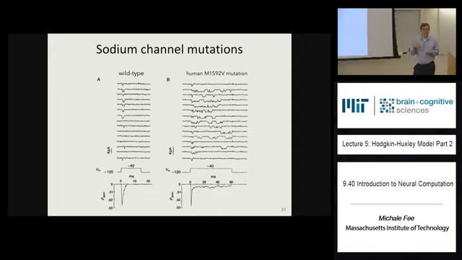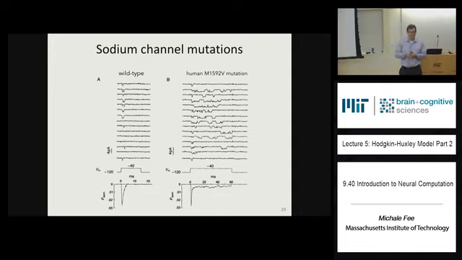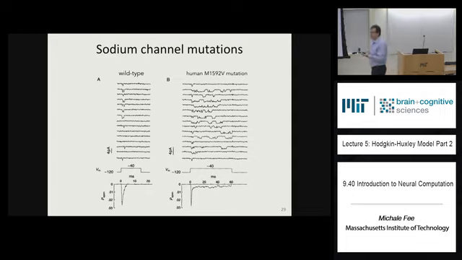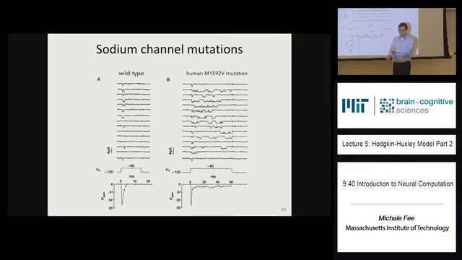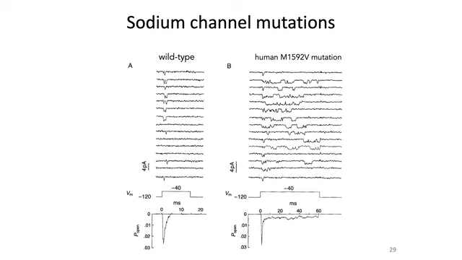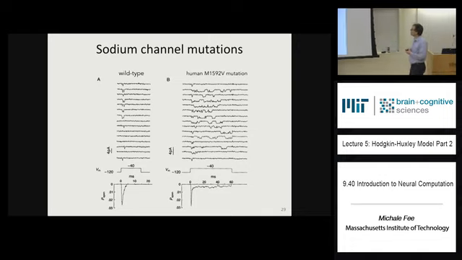Okay, so now, what do those mutations actually do? Let's do a patch clamp experiment where we take a muscle fiber from a wild type, so you can just take a muscle biopsy, extract a little pinch of muscle. You can culture it in a dish, and you can do that for wild type normal human muscle fibers, and you can do it for muscle fibers from a person with this particular mutation of this sodium channel.